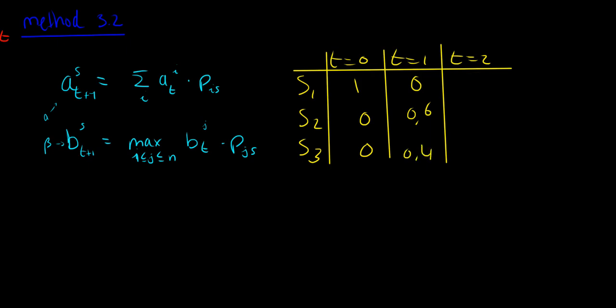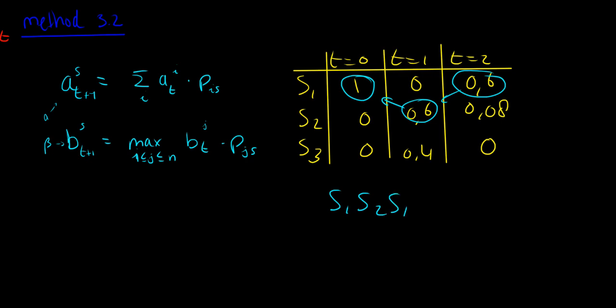And we can take the maximum value that will still result in the most probable sequence, and that is because the most probable sequence will have the highest probability. So if we just look at the highest probability instead of summing them, we also can get the most probable sequence. And in this case, we see that from 0.6, we go to the largest value again, it's 0.6. We go to the next largest value, which is 1. So we also get our sequence of S2, S1, S2, and S1.